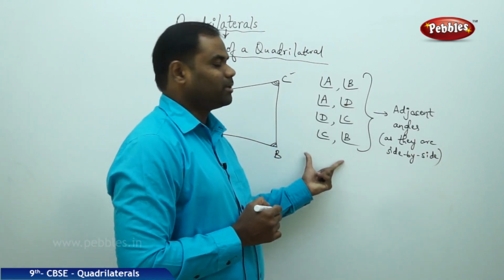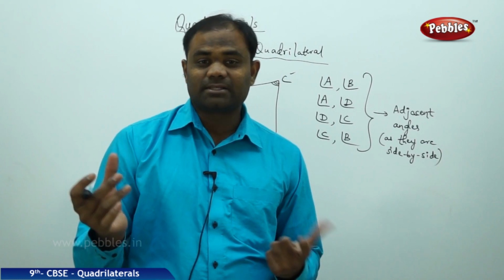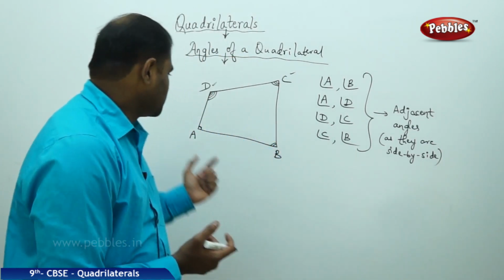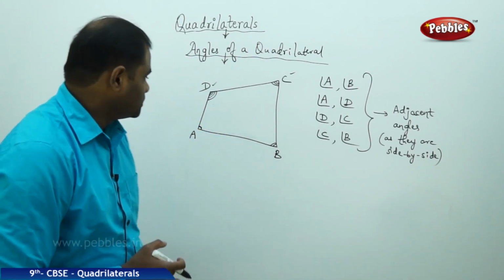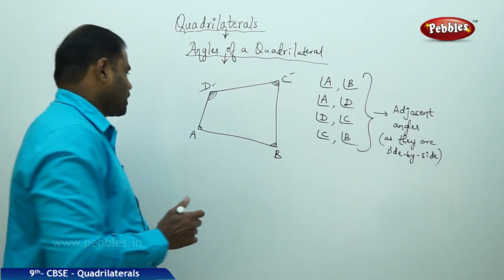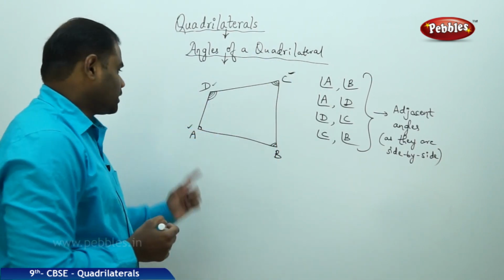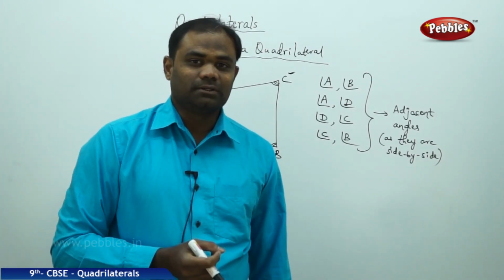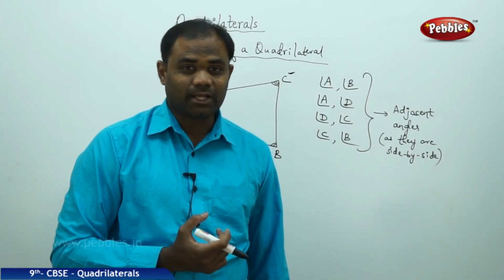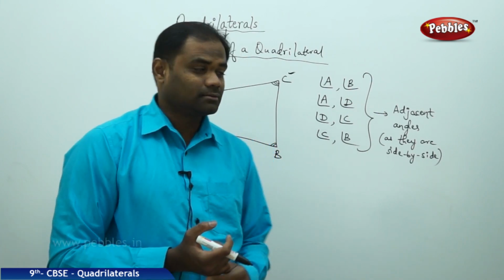Therefore, these four pairs are identified to be adjacent angles, or side by side angles, in the quadrilateral ABCD. Now let's see the outcome of these two angles. Suppose I take angle A and angle C. They are not adjacent because they are not side by side, but they are opposite to each other. So let's see what these types of angles are called in the quadrilateral ABCD.